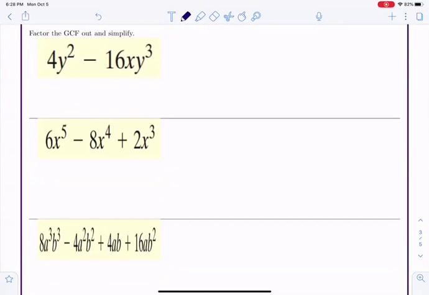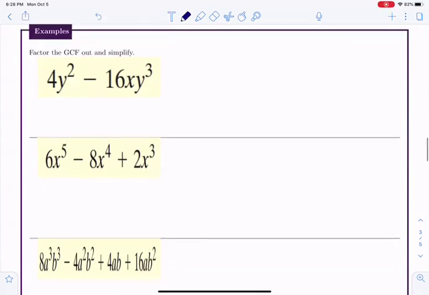So in these problems, our objective is to take this expression, pull the common factor out, and write it in a simplified form. In other words, we are going to write it term by term or factor by factor so that the expression looks nice. So where to start?